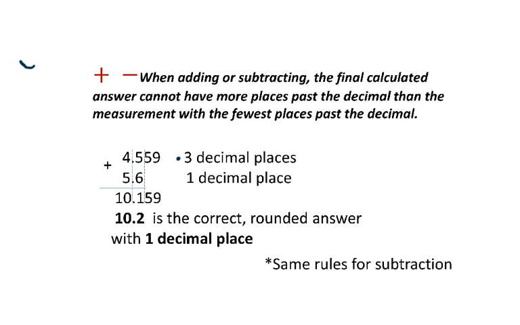So 10.159 would round to 10.2. So the final answer, 10.2, how many sig figs is that? It's 3. So even though this one had 4, this one had 2, our final answer has 3. Well, that's because it's dependent on after the decimal, not the total number. So you can end up with situations like this where it's different.